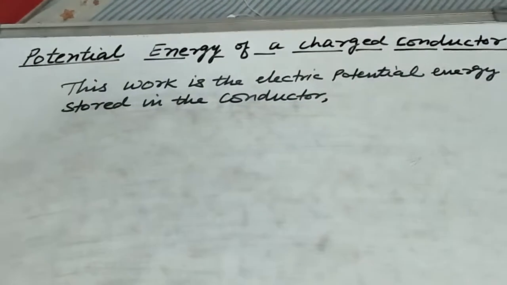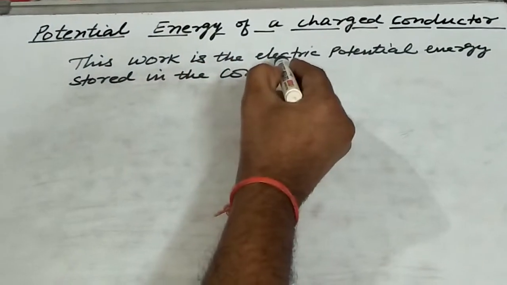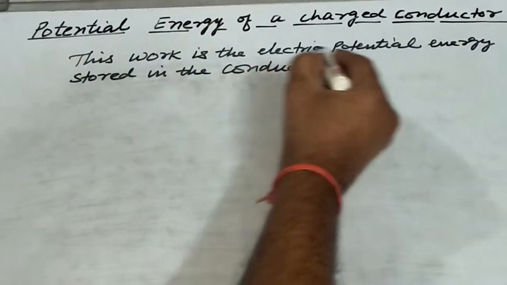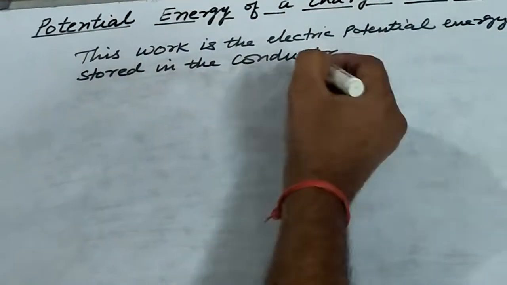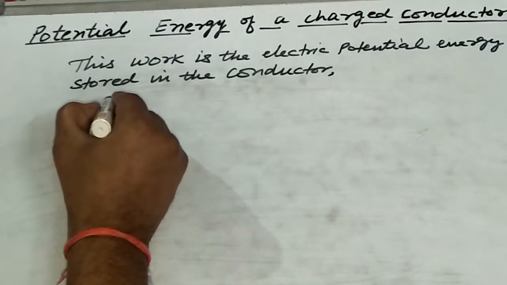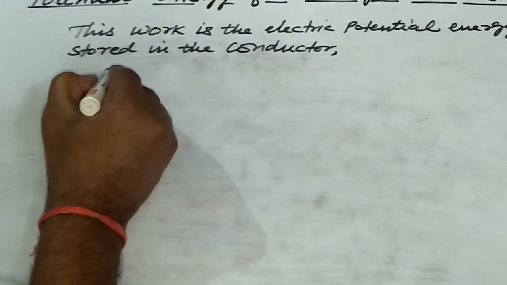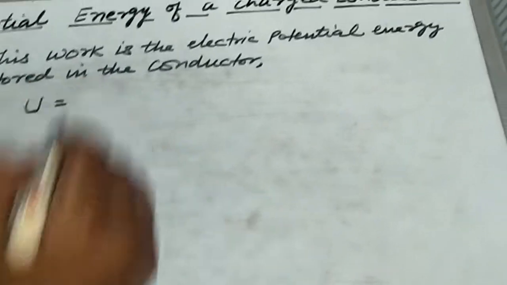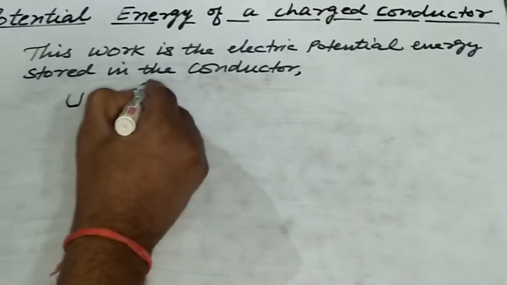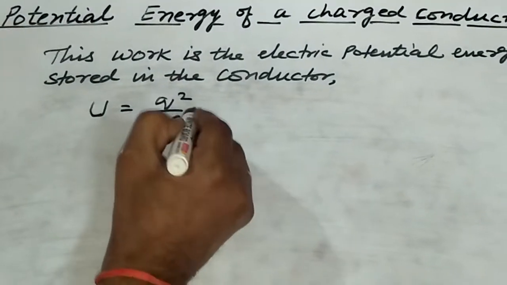So this work is stored in the form of electric potential energy in the conductor. That work done is also denoted by U, which is the electric potential energy, and U is equal to Q square by 2C.